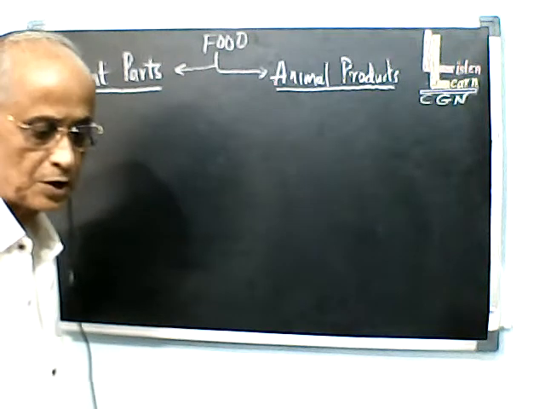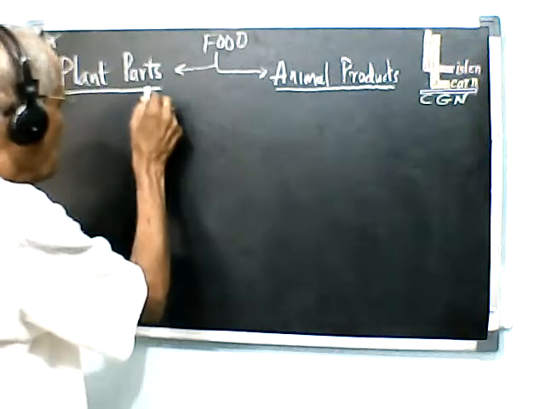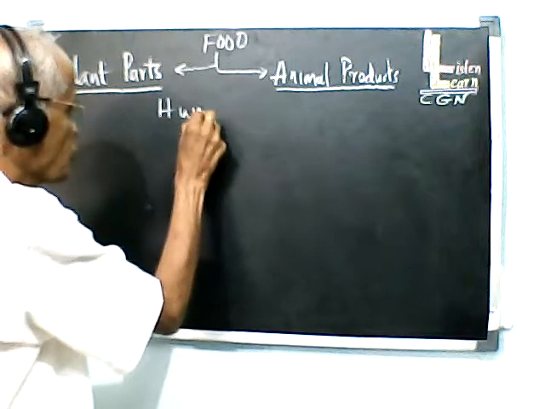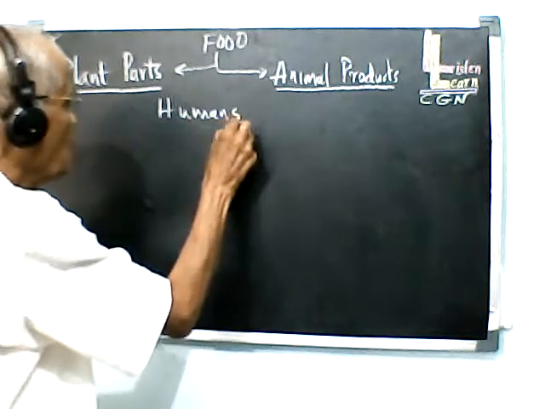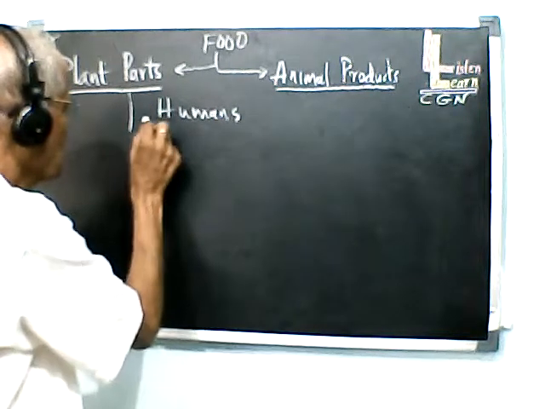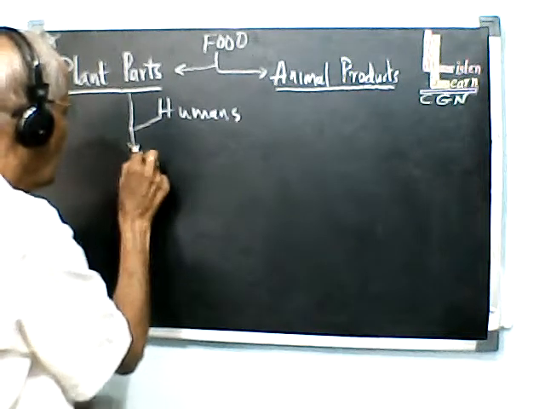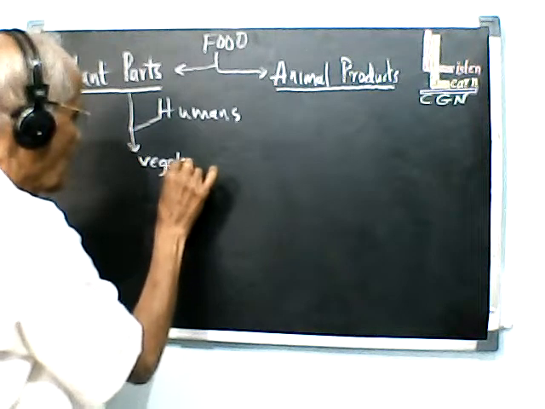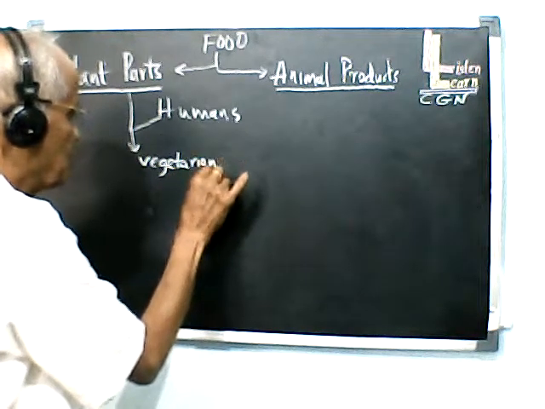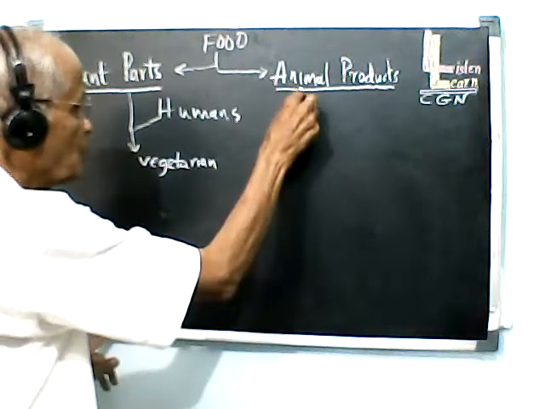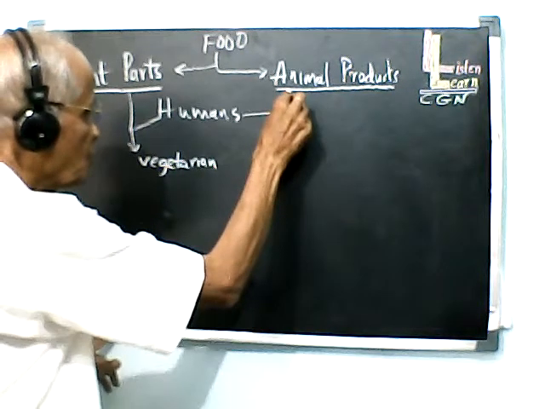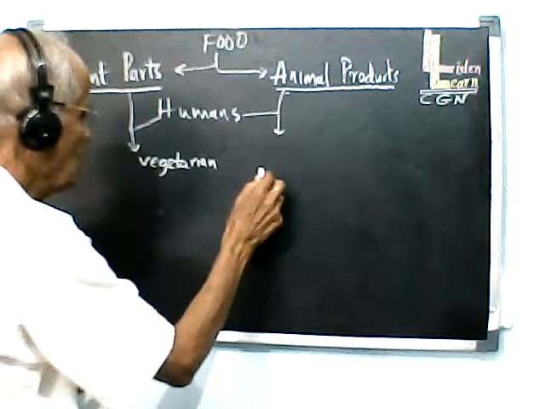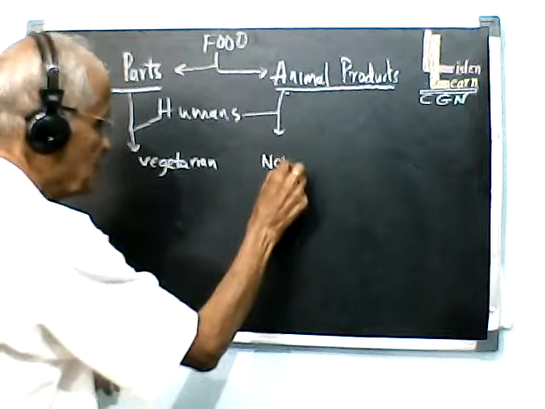Just to recapitulate what we did yesterday, we said people, the humans who eat plant products, are known as vegetarians. And humans who eat animal products are called non-vegetarians.